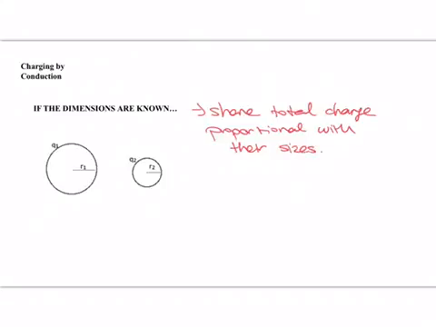So, I have a sphere with a radius of r1 and charge q1 and another sphere with a radius of r2 and charge q2. When they are in contact, the charge of the first sphere will be equal to the total charge times the radius of sphere 1 over the total radius.